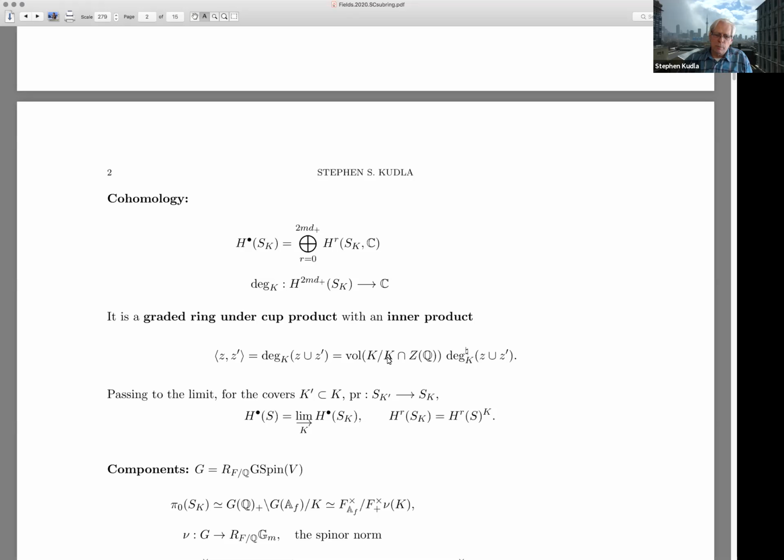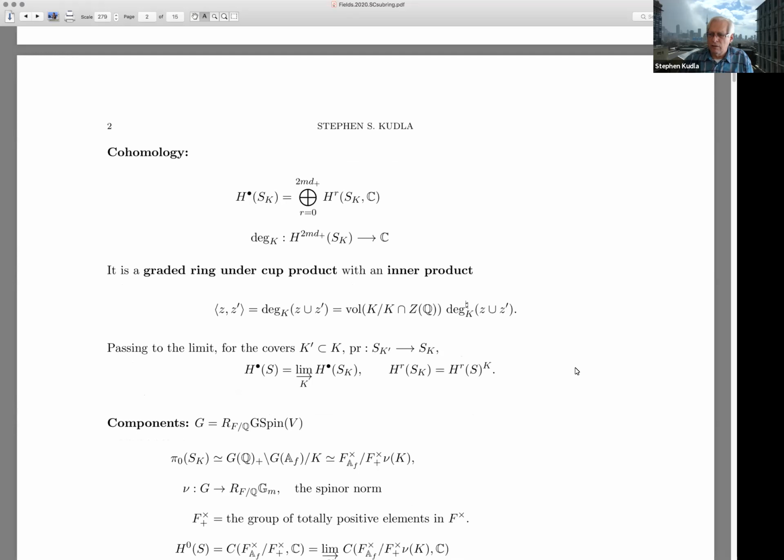But then I want to normalize by a volume. Z is the center of G spin. So I want to normalize by this volume. And this has the property that the degree map will be well defined on the direct limit. So of course, if I have K prime contained in K, a subgroup, compact open, I get a projection from S_K' to S_K, and I map the other direction on cohomology, and I can pass to the direct limit over all the K's and get a cohomology group here, which is of course topological, and the adelic group acts on this thing.